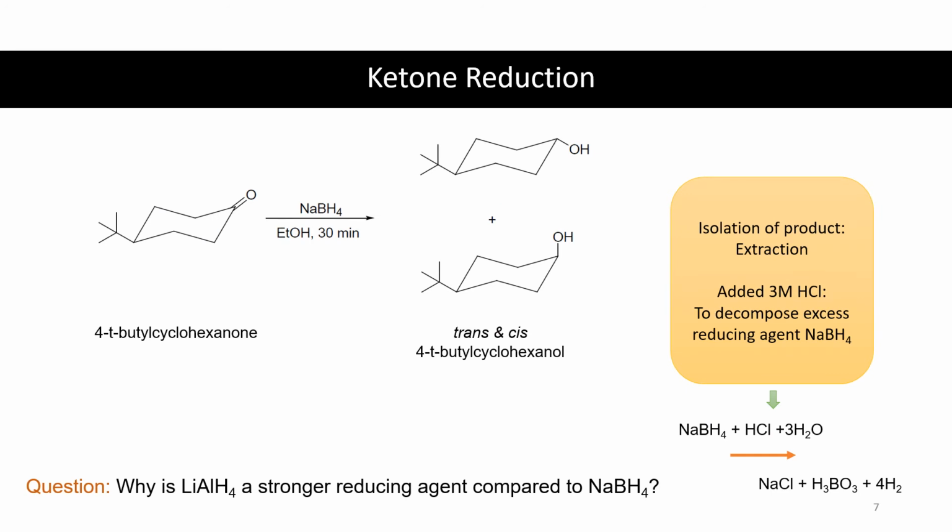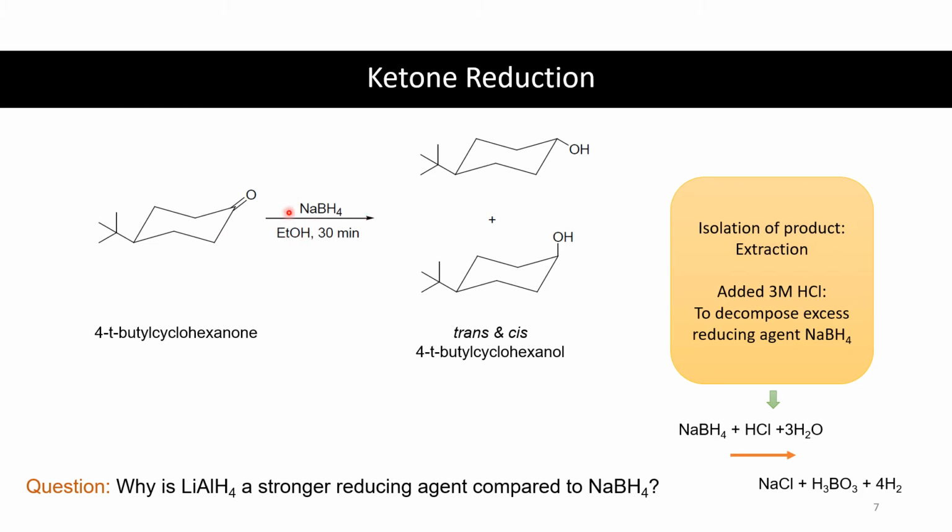Then we did ketone reduction, where we reduced a ketone into its respective alcohol. We used sodium borohydride in ethanol, and we used that because it's much safer, and we only needed to reduce a ketone.